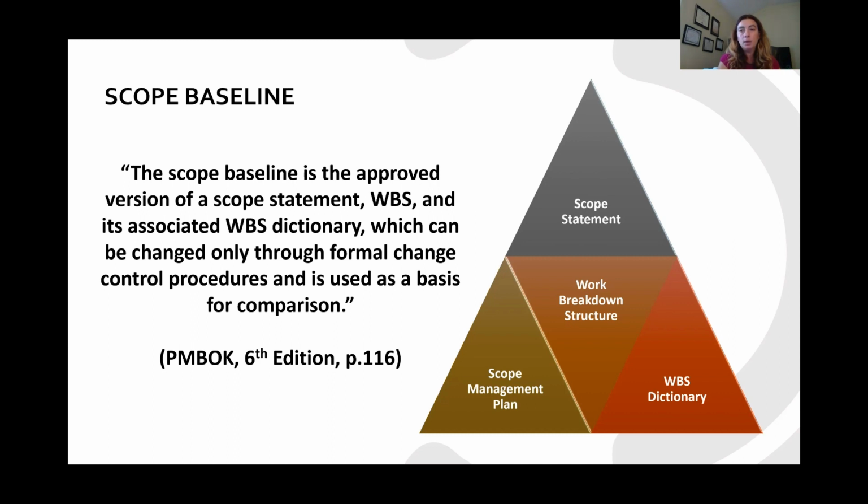Yeah, this is pretty much what I wanted you to know for the scope of the project, and what a scope statement is, and what a scope baseline is, and why in a project definition of the scope is critical. It's very important.